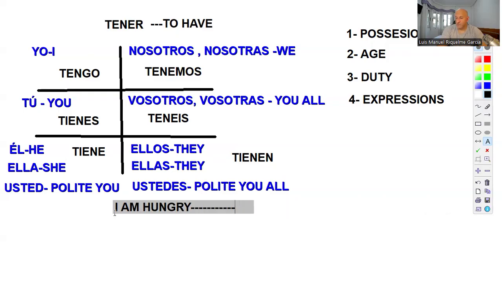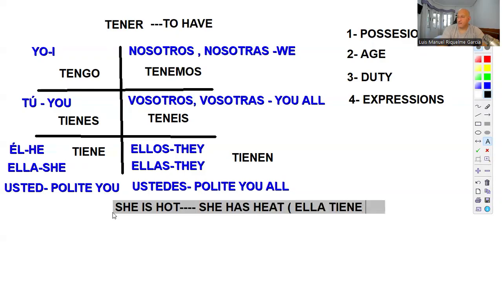Or, for example, in English you would say, she is hot. In Spanish we would say, she has heat. Ella tiene calor. And there are many expressions like that that we say differently.